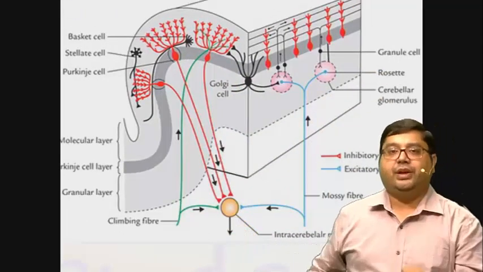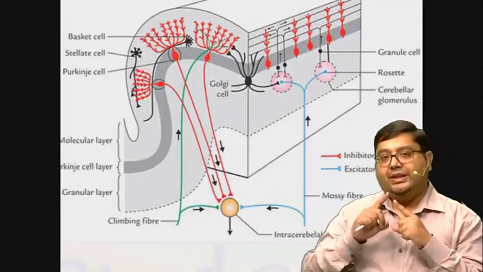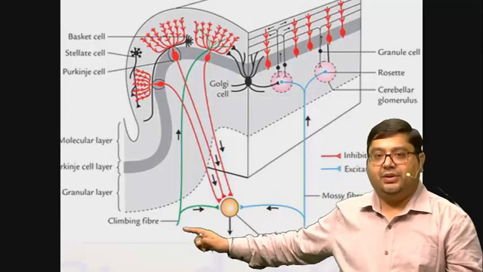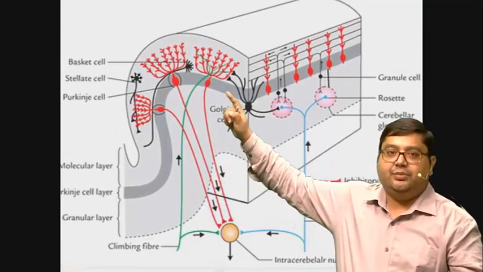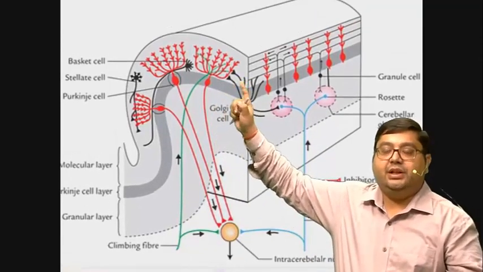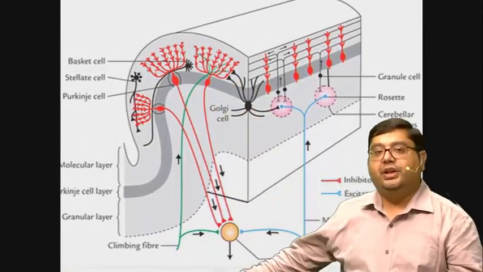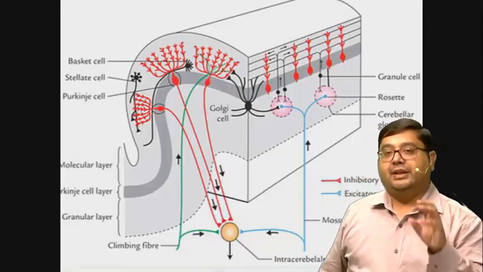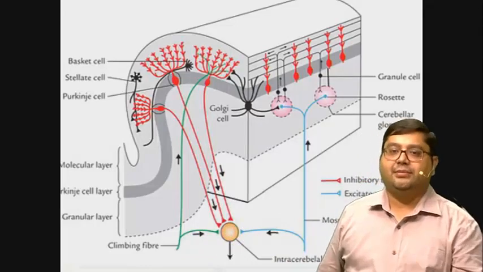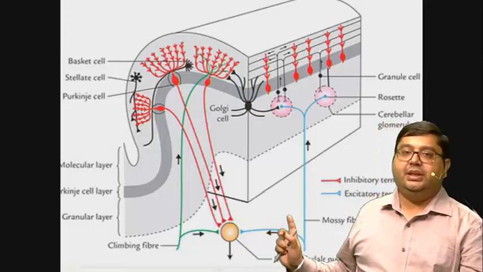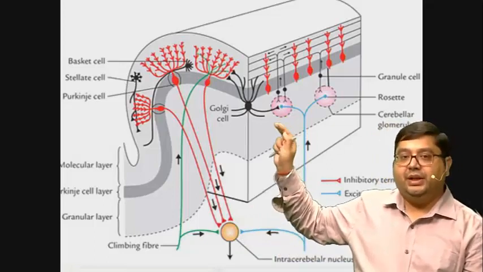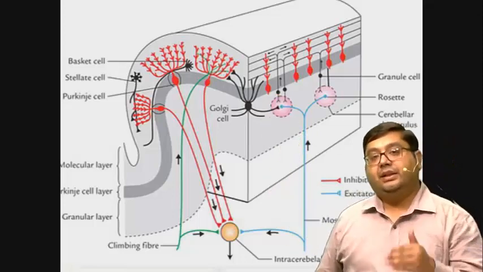And we have two sets of afferents coming. One set of fibers coming from the olivary nucleus will travel as climbing fibers. They will reach directly up to the highest level and communicate with the dendrites of the Purkinje cell. On their way, they will also communicate with the deep nuclei. But all the rest of the fibers will come together as a mass and reach the lowest level, and from here the information will be carried indirectly by the granule cells.